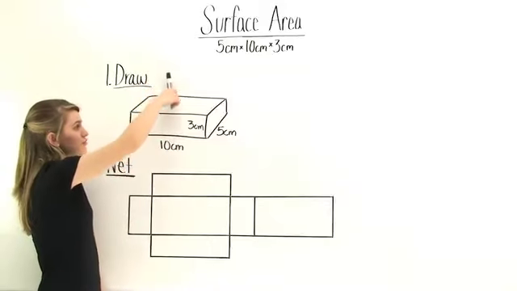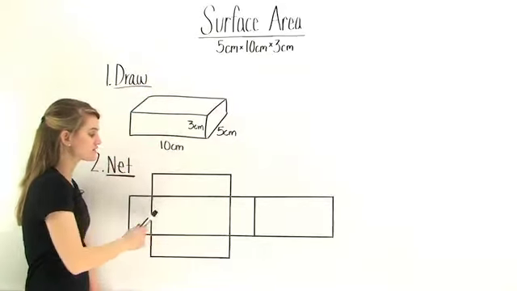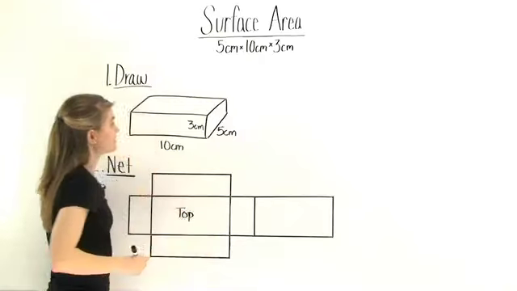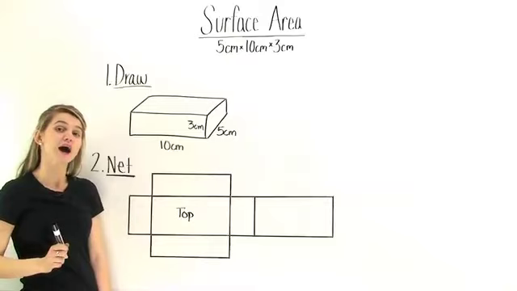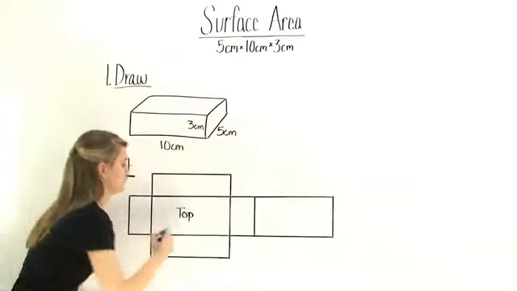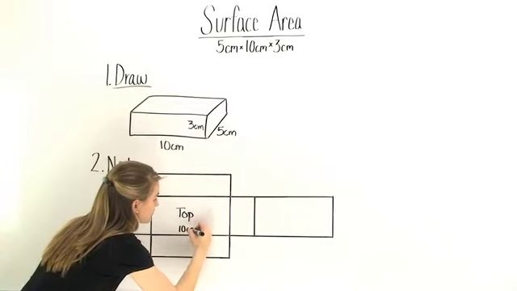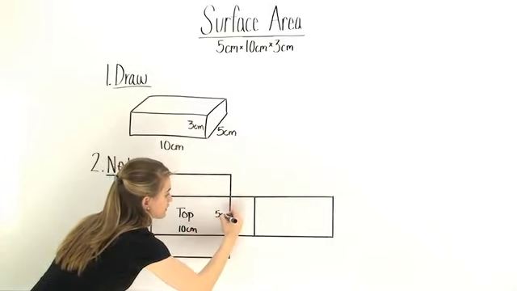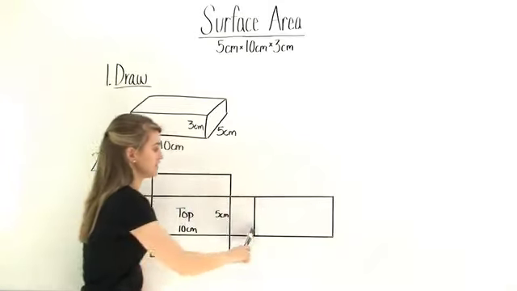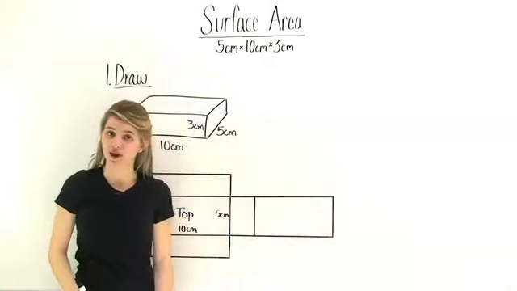If we're looking at this from the top down, that means this rectangle right here is the top rectangle. Notice the top rectangle has dimensions 10 centimeters by 5 centimeters. If this is the top rectangle, that means this rectangle here must be the bottom rectangle.